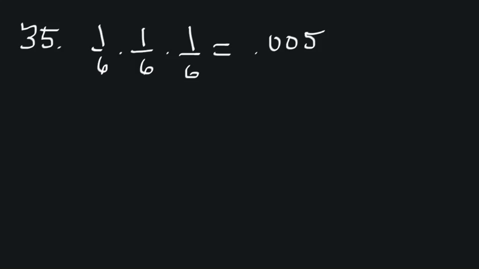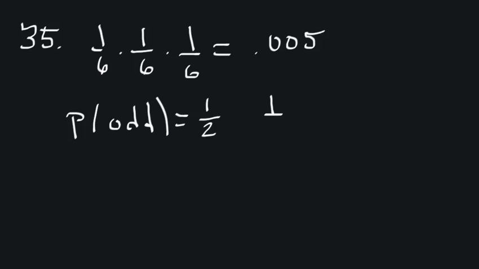Okay, so part B, what's the probability that you get an odd? How many odd numbers do you have? 1, 3, 5. So the probability of getting odd would be 1/2. And I want to do this how many times?